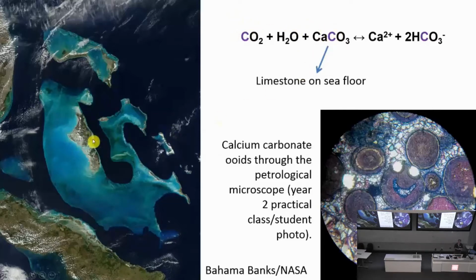And if you go to somewhere like the Bahamas, you have a pile of rock which is about 4 kilometers thick and hundreds of miles across, completely made up of calcium carbonate, and that carbon, much of it has come from the activity of plants hundreds of miles away and back in the geological past. So there's a really important process going on here.